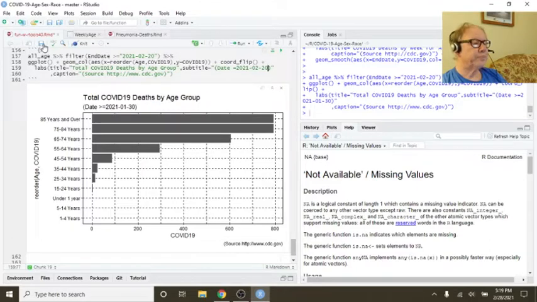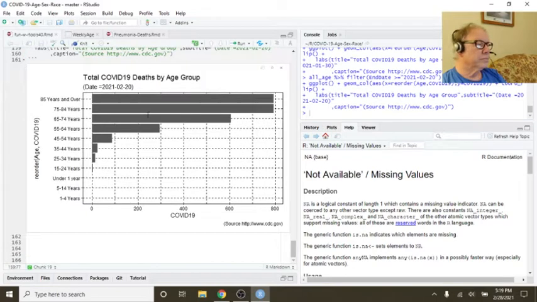Okay, so you can see the 75 and above are still counting for about 1,600 deaths during the week ending 220. So that's pretty significant. While the deaths continue to be declining.